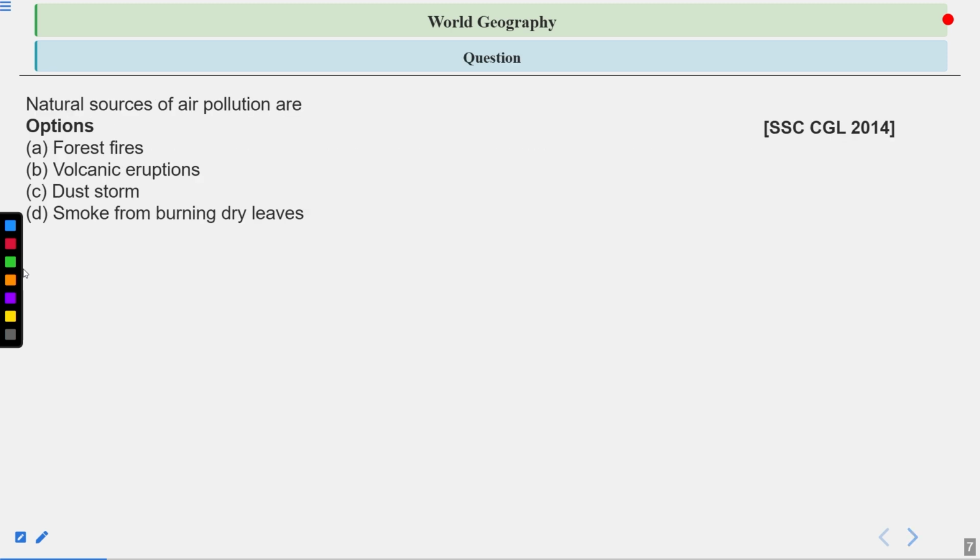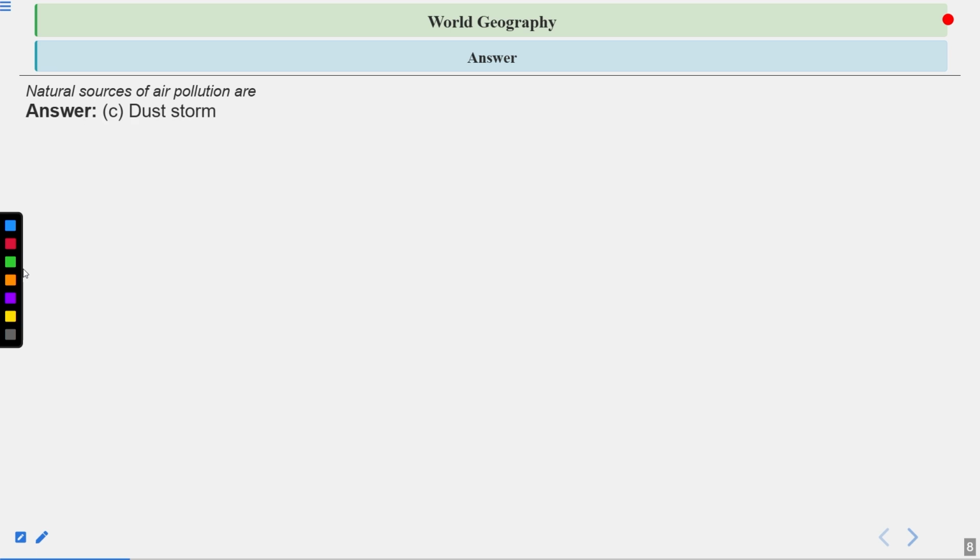Natural sources of air pollution are. Options are forest fires, volcanic eruptions, dust storm, smoke from burning dry leaves. So if we talk about the natural source of air pollution, the correct answer is C option, dust storm.